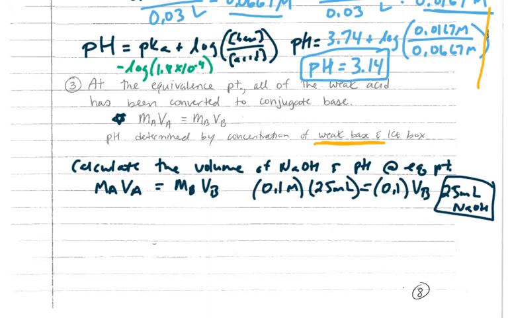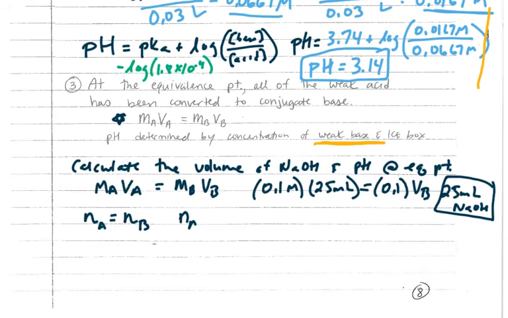And that is because, let's figure out how many moles we have first of all. At the equivalence point, we have the same number of moles of acid as we do of base. That's the definition of the equivalence point. So let's figure out one of these.